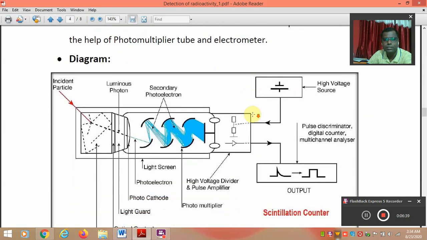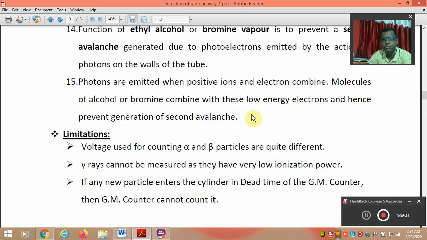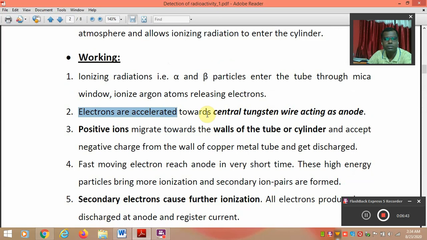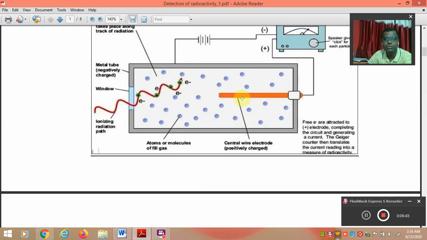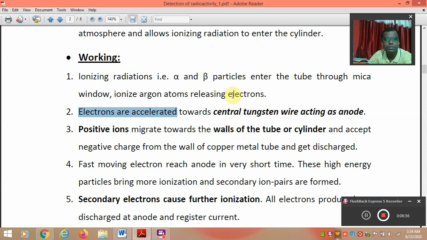So these electrons released here will move towards this tungsten wire.